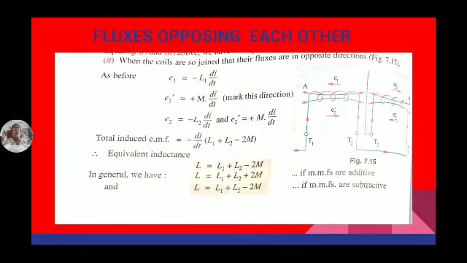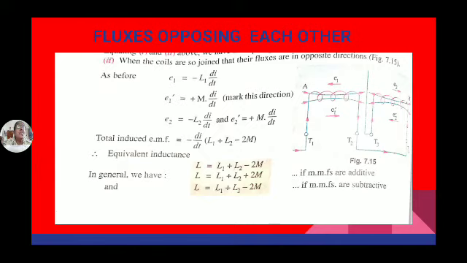Now again we will discuss that here the total induced EMF is equal to the sum of the EMF induced in coil 1 and coil 2, inductance 1 and inductance 2.